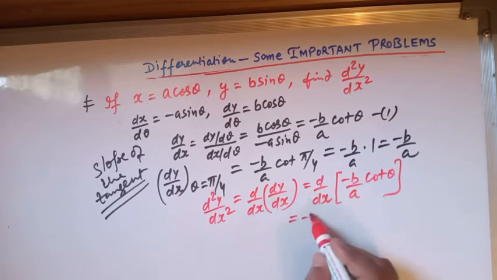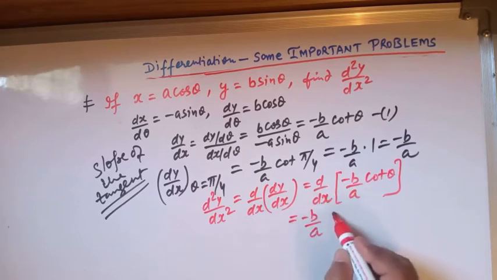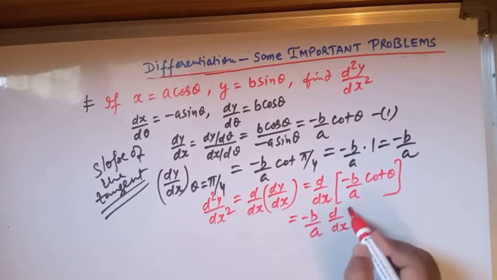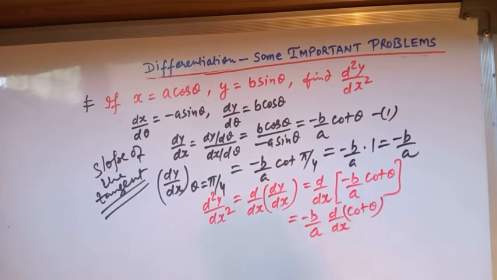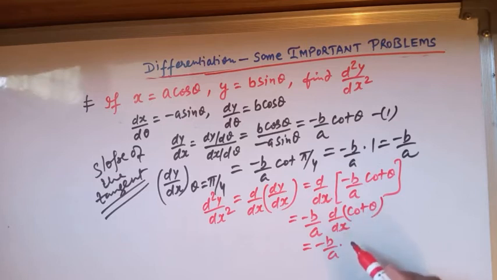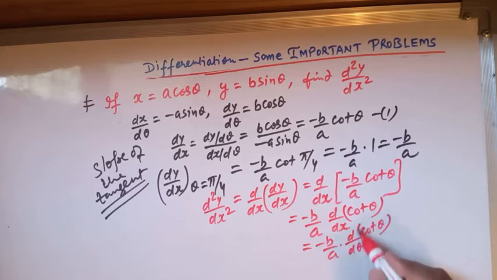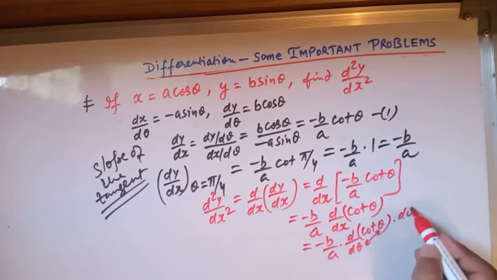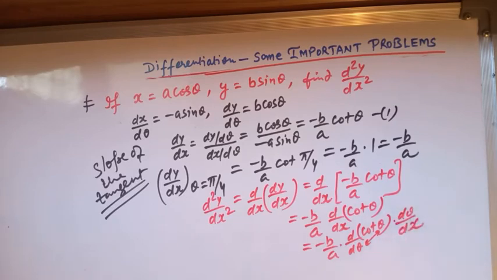So here we have minus b by a, so derivative of cot theta. Clear? Now viewers, here we can write minus b by a, since this is cot theta and this is x. So first we have to differentiate this cot theta with respect to theta. So we write it like this: cot theta. First we will differentiate with respect to theta, then we'll have d theta over dx.